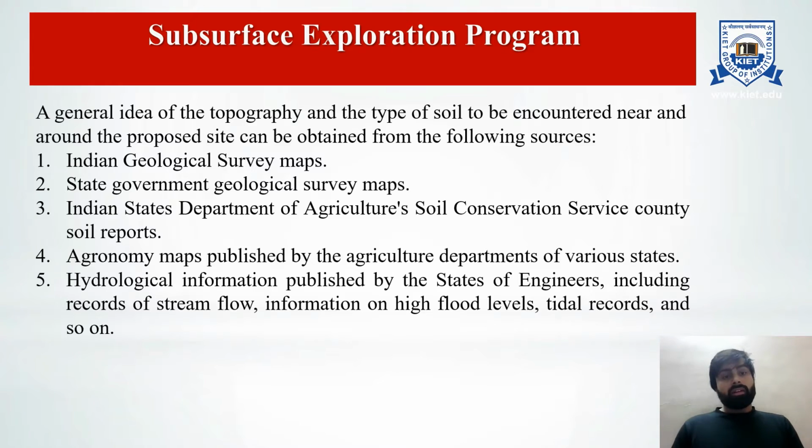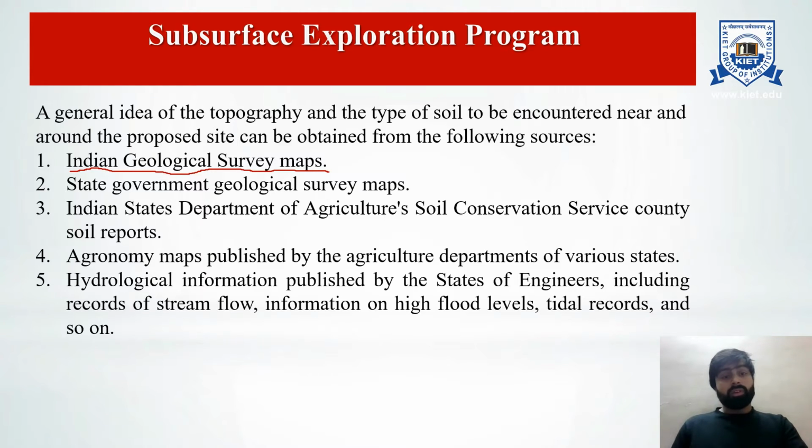A general idea of the topography and the type of soil to be encountered near and around the proposed site can be obtained from the following sources. Indian Geological Survey maps. We can get the information from the geological survey maps.